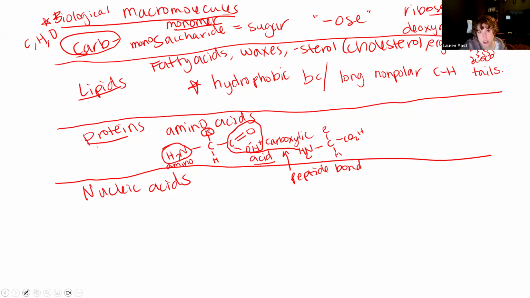So that's proteins. They're just made of linked together amino acids. You don't need to memorize all of the amino acids. And you'll learn more about how the proteins are made and how we get from DNA code of ATCG to the amino acids from the genetic code. I know you've learned some about it, but we'll review that in chapter 6, which is the first chapter in unit 2.